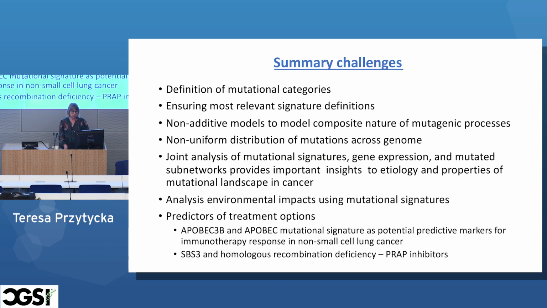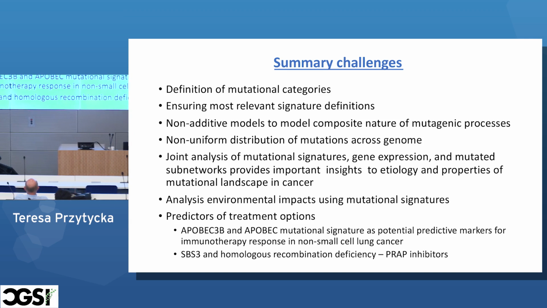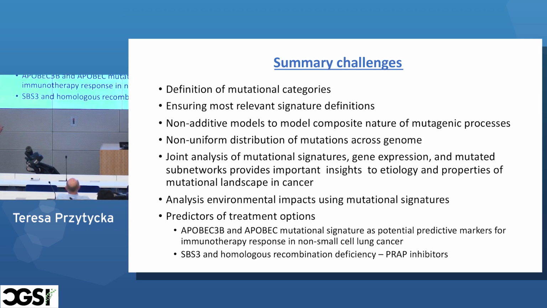So with that, I would like to summarize. I introduced to you this concept of mutational signatures that is dependent on various choices. One is the choice of what the mutational category is, another is the choice of how you infer those signatures, and also what sort of model you assume, additive or non-additive.